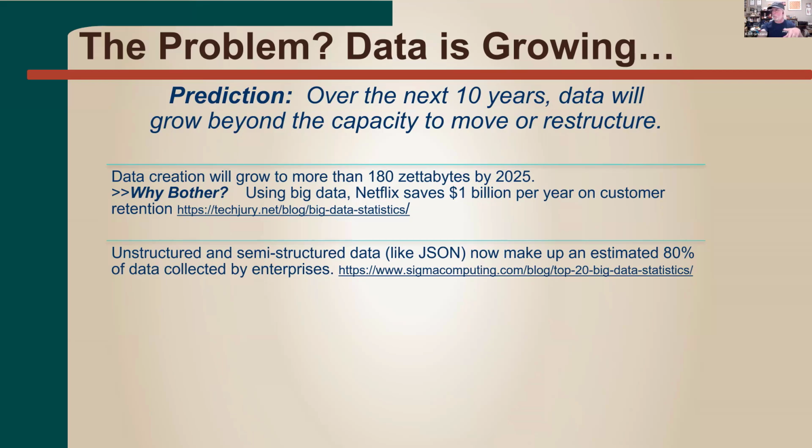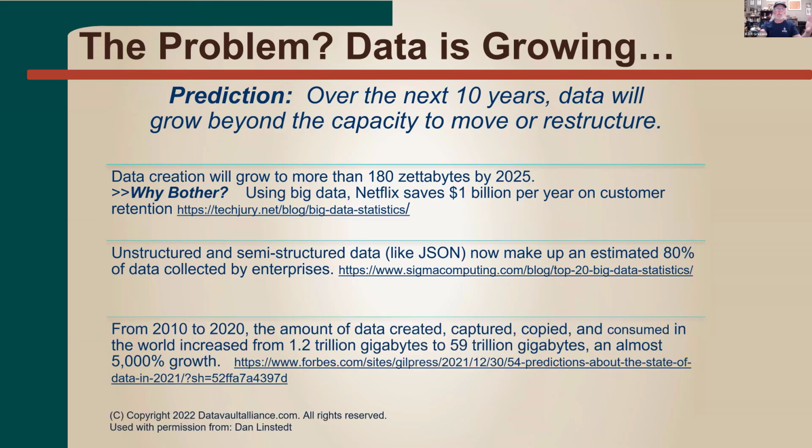And I was actually on a webinar two days ago where they said the more recent numbers are now saying 90%, as people are really starting to look around and see that so much of the data is not structured in a traditional database. I prefer the term semi-structured because even unstructured has some structure to it.